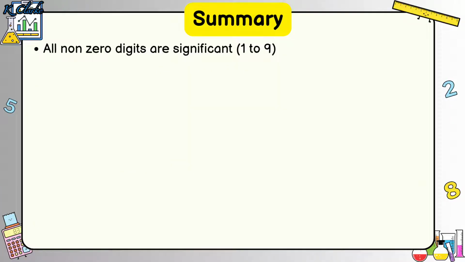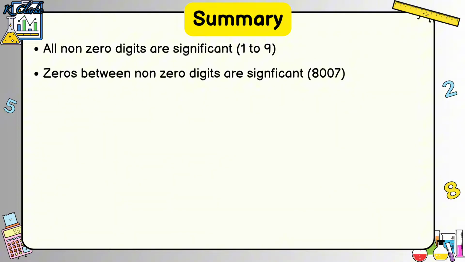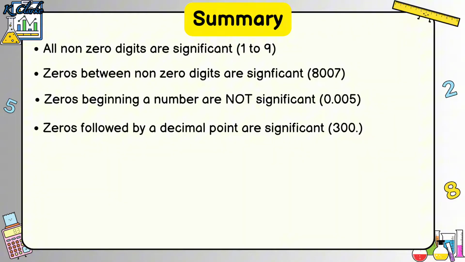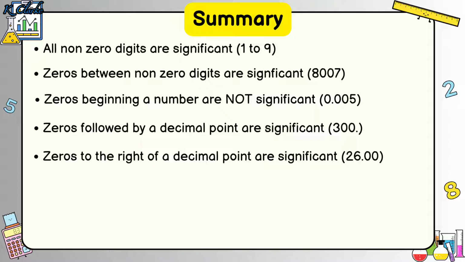Summary: all non-zero digits are significant. Zeros between non-zero digits are significant. Zeros beginning a number are not significant. Zeros followed by a decimal point are significant. Zeros to the right of a decimal point are significant.